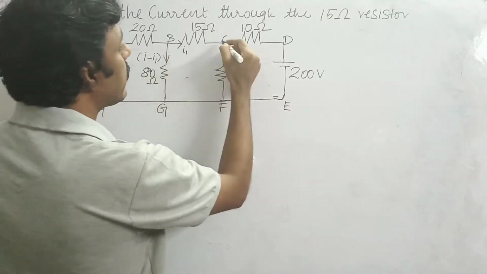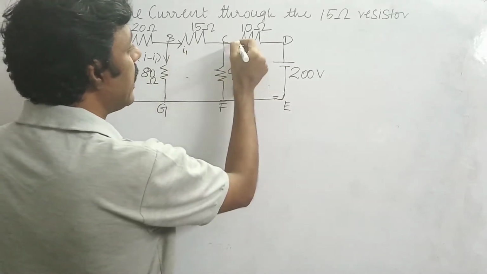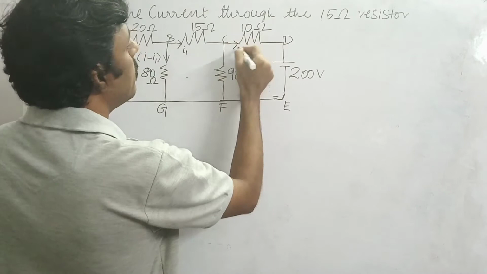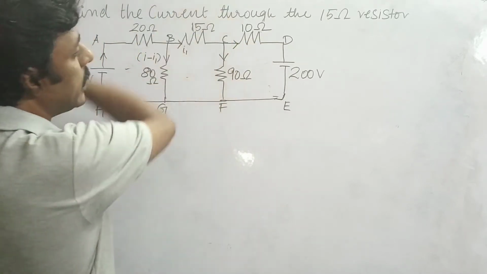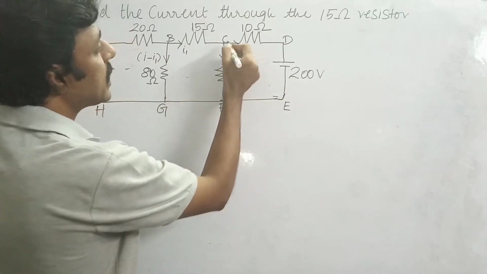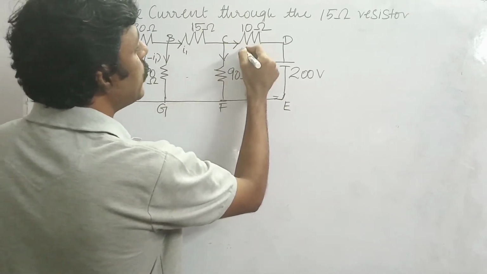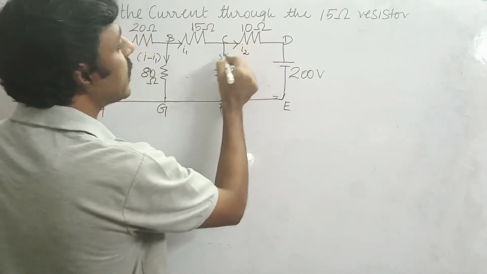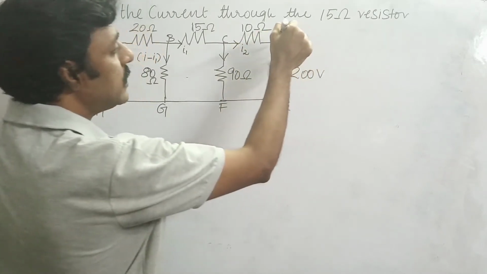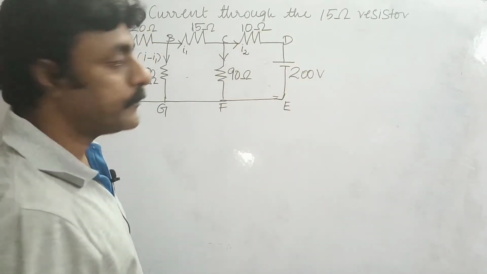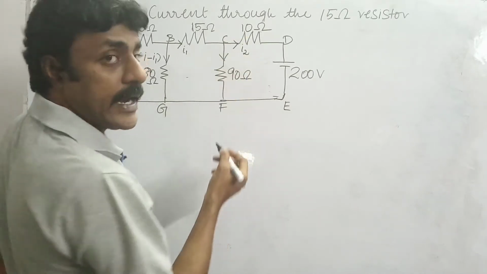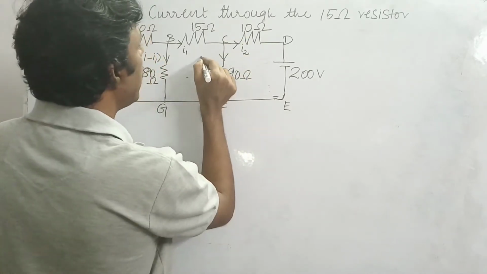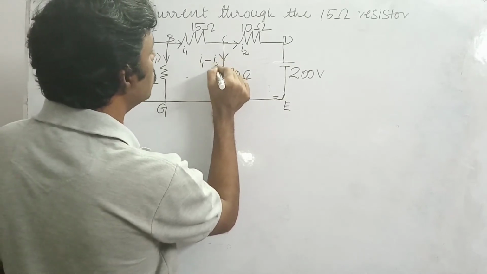I1 reaches this point C, and again the current divides into two currents. This I1 current is divided into I2. I2 is a current which flows through the 10 ohm resistor and reaches the 200 volt battery. Another current which is passing through the branch which has this 90 ohm resistor is I1 minus I2.